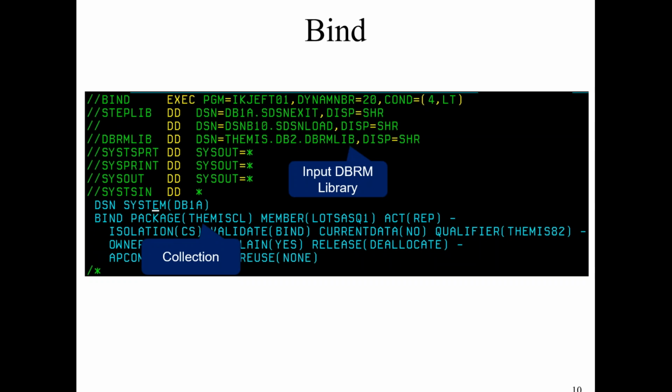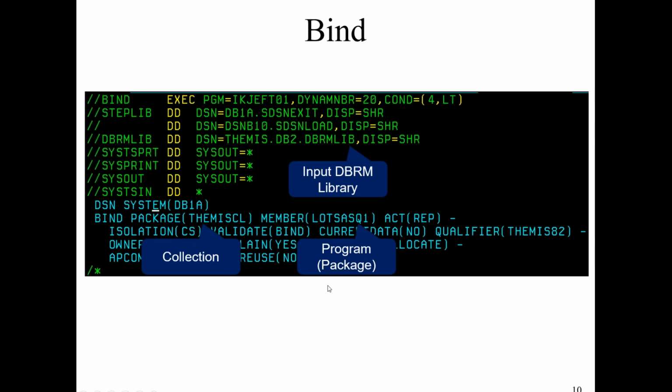So a collection is an object in DB2. It literally is a collection of packages. It's just a place to put the package. The member name is the actual name of the program or module that I'm binding. So I'm going to take a program or a DBRM called LOTSA-SQ1 and bind it and put it in a collection called Themis CL in this case.